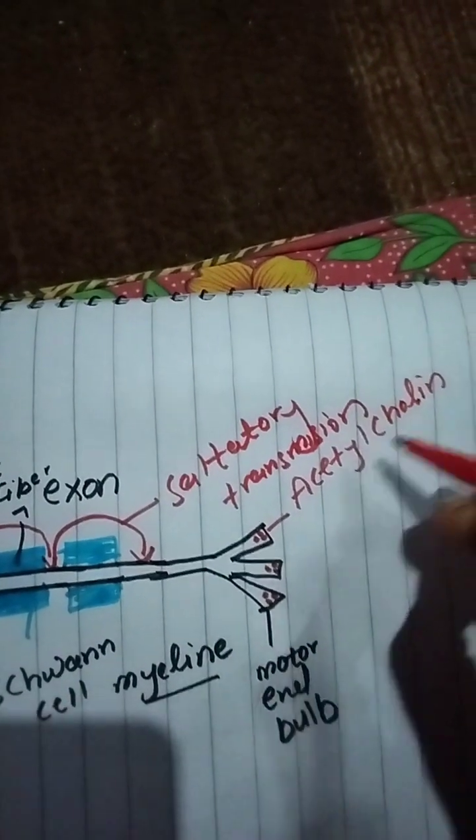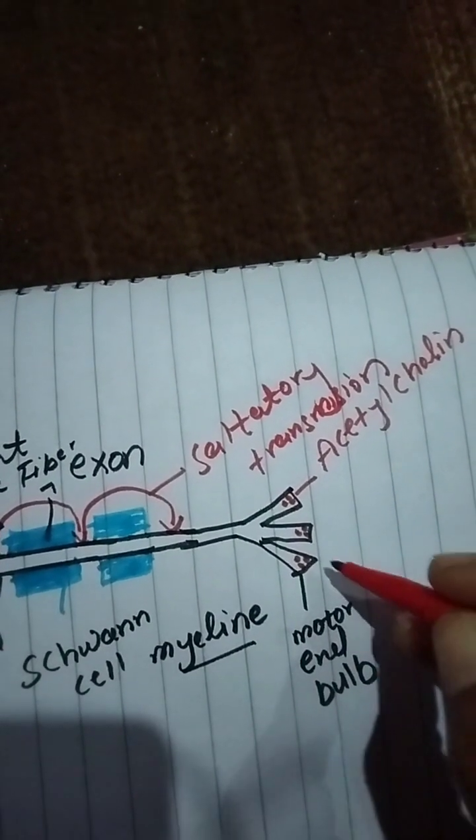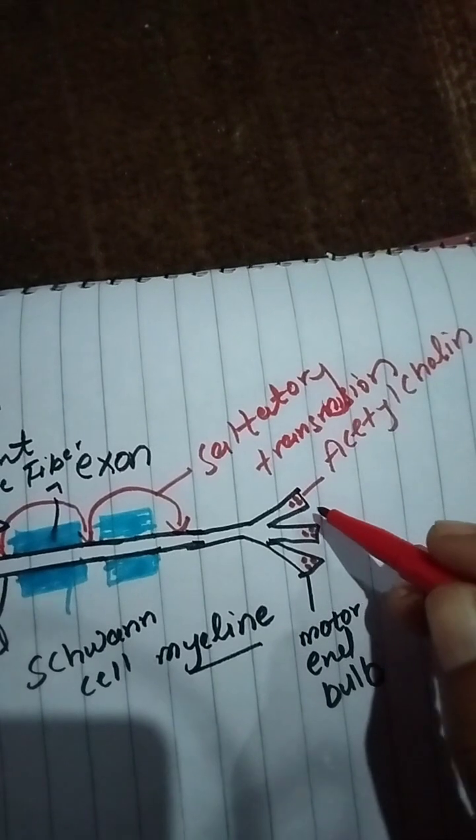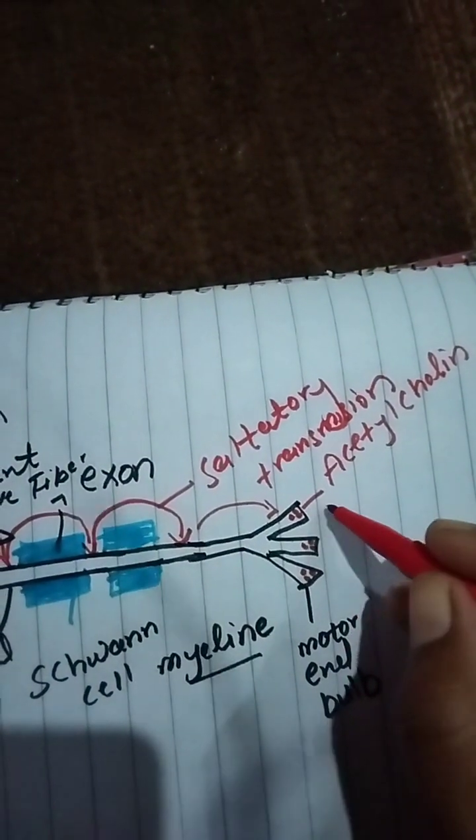These acetylcholine chemical transmitters at the end of the motor neuron, in the motor end bulb, are stimulated when the nerve message comes through saltatory transmission, and the nerve message initiates these acetylcholine chemicals.